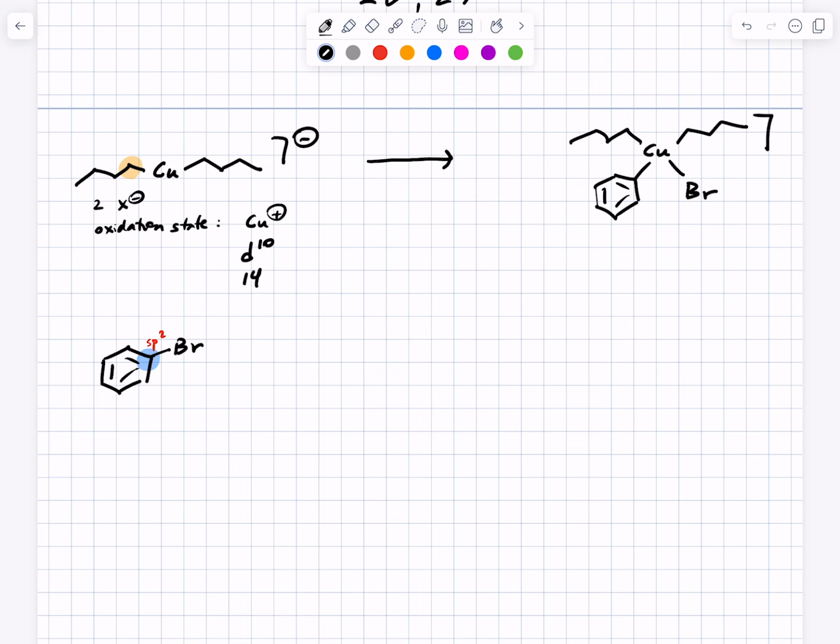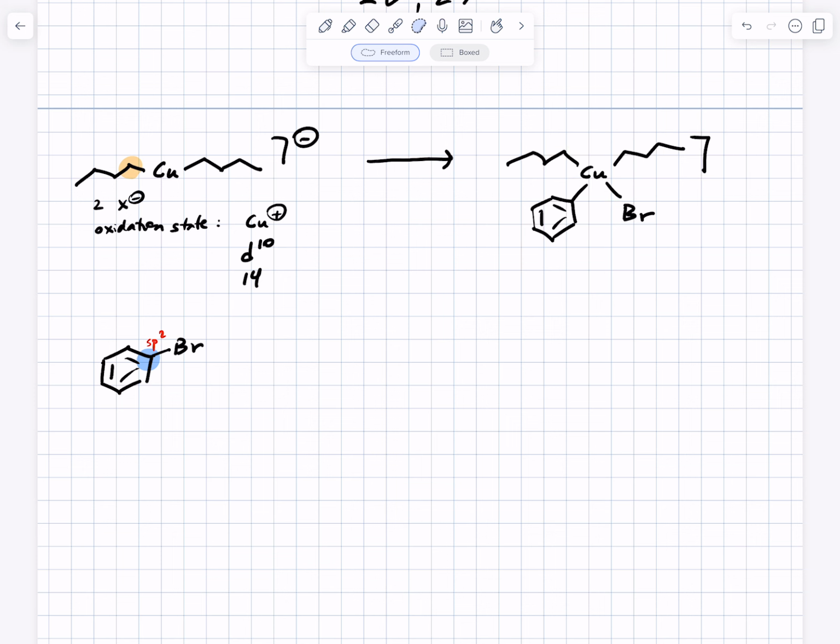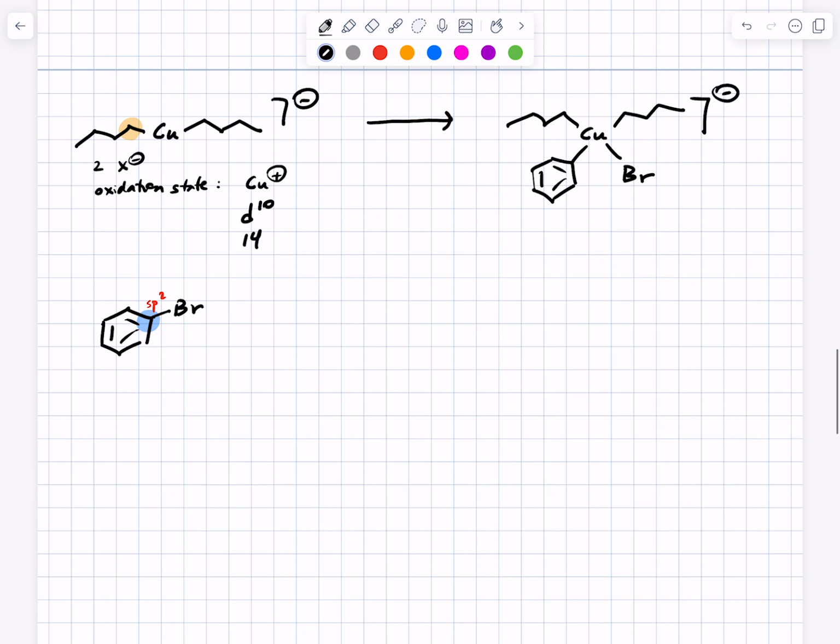As you look at that, you may say, hold on, what's going on and where did all of those electrons come from? So let's go through this bit by bit. Now, what kind of ligands do we have? All four X-type ligands. All of these, if they left, would be negatively charged.